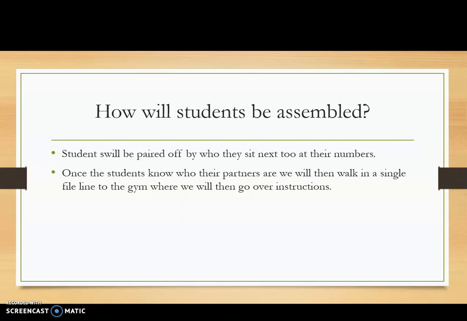If not going to a gym, we'll walk over to the blacktop area, the sanctioned off area where we will begin our lesson. Their partners might be someone they know. It might be someone they're not familiar with. So we'll accommodate those needs if they need to get to know someone real quick, introduce themselves, and then we'll get ready to get started.